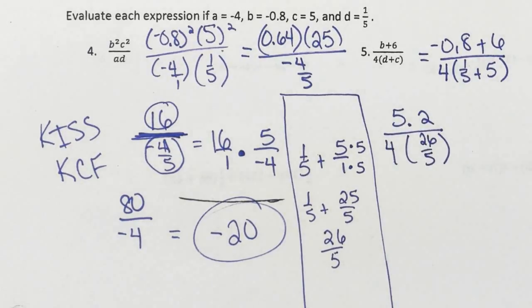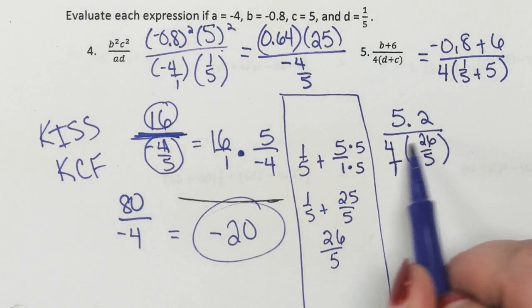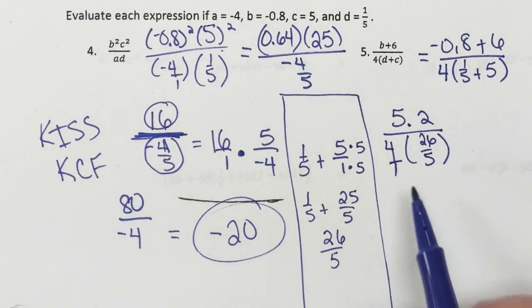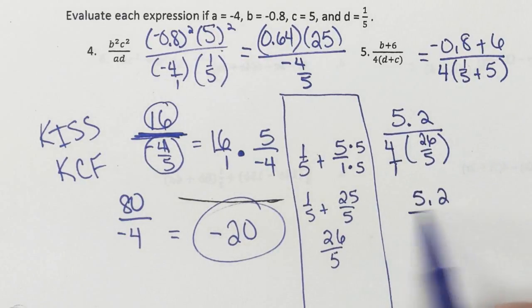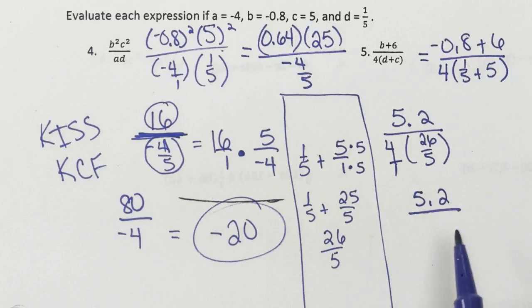Okay, how do I multiply a fraction and a number? Just 4 over 1. There you go. Multiply was 4 times 26. What is that? 100 and something. 104? Is that right? 104? And on the bottom? 5. There you go. Oh my gosh, I have 2 fractions.